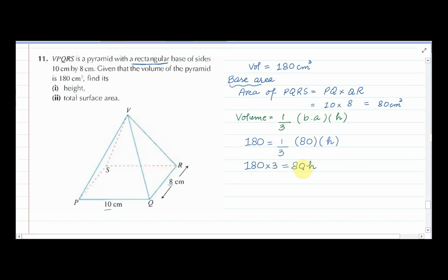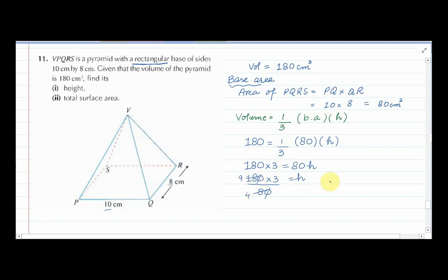Here we have a multiplication, that means h is equal to 180 multiplied by 3 divided by 80. 0 and 0 cancel each other. 2 4s are 8 and 2 9s are 18.